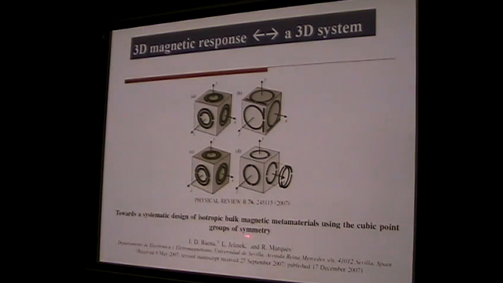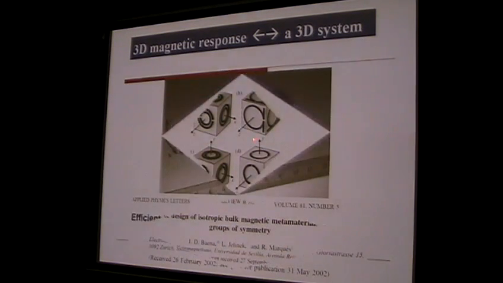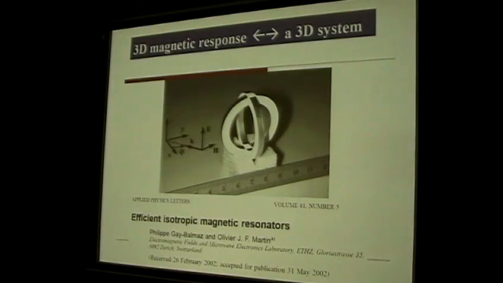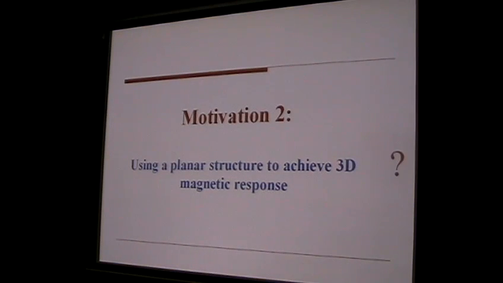And also this group, I think this is Marcus's group, also use these kinds of things. So we have another motivation: is it possible that we do not fabricate a three-dimensional array, but a planar structure, yet the structure can achieve a three-dimensional magnetic response?